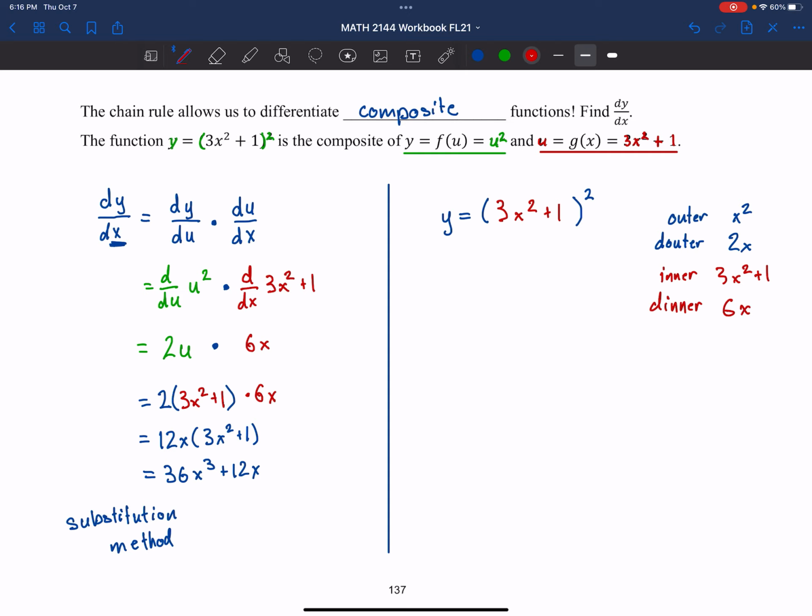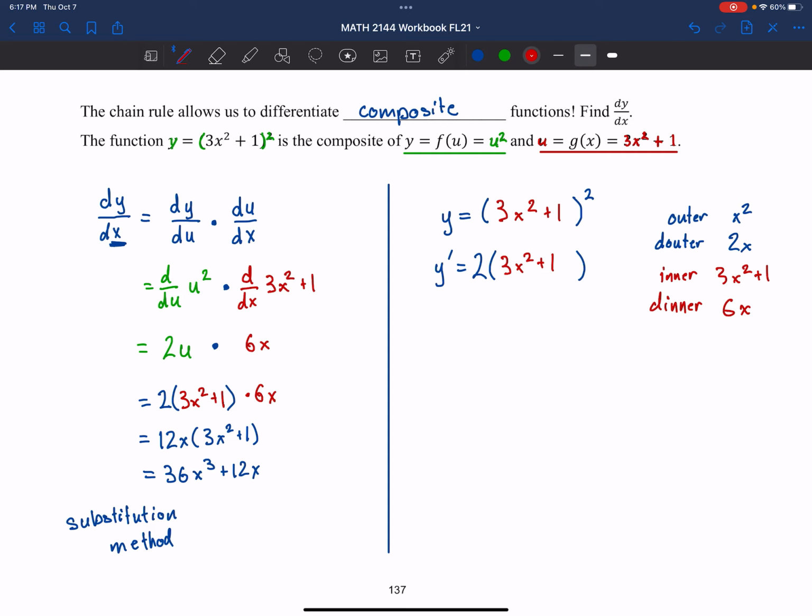So with that kind of setup, I have all of the variables I need, and what I'll do to find the derivative y prime is take the derivative of the outer function, so that's going to be 2x, but instead of x, I'm going to put the inner function exactly as is.